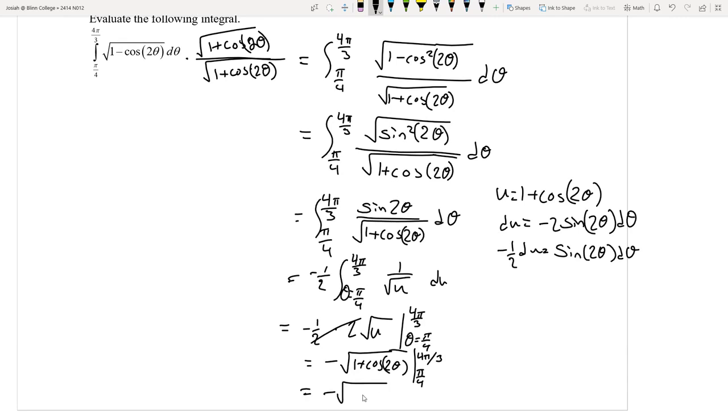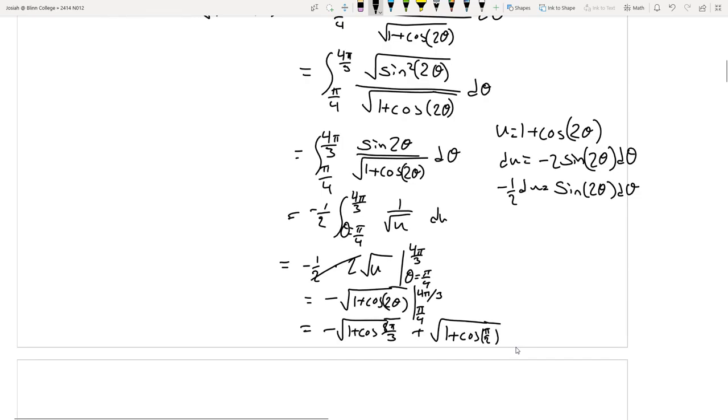So we go ahead and evaluate. Looks like we got 8 pi thirds, plus root 1 plus cosine of pi fourths times 2, or pi halves. All right, so we'll end up with 1 plus cosine of 8 pi thirds.